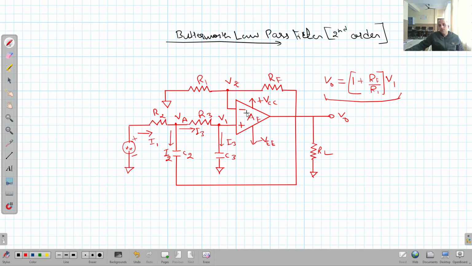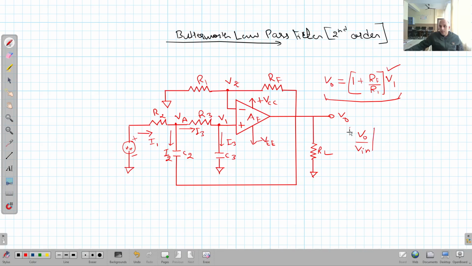So if I want to analyze this entire circuit, then first of all I have to find the value of V1, because then I will put the value of V1 here and I will find the expression for V output, and from that I can find V output upon V input. Clear?